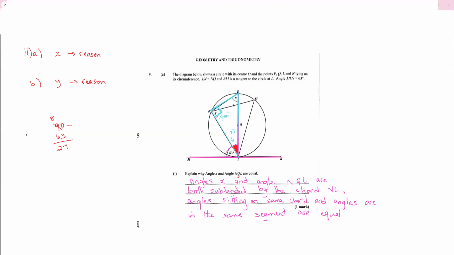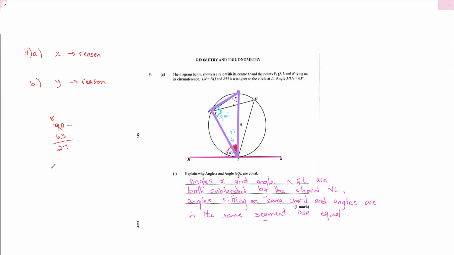So if you look at it, you could recognize that we have a triangle. Angles of a triangle must add up to 180 degrees, right? Remember, you have to show all of your working. So I do all of my working to ensure that it's legit, and then I'll write my reason to support it.